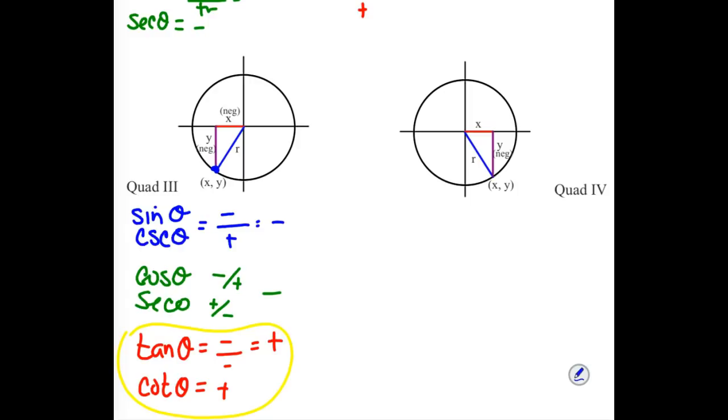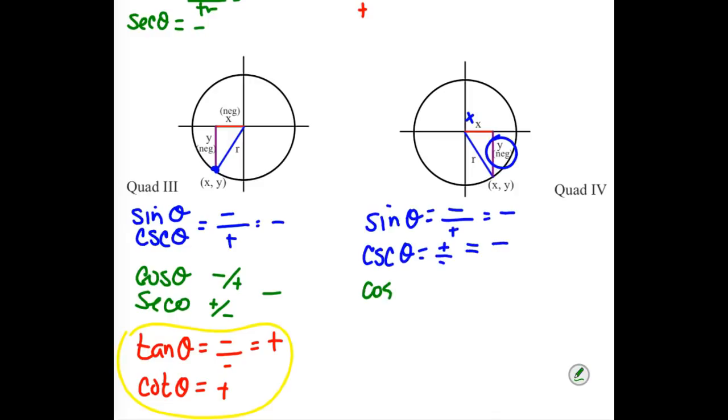And last, in quadrant 4, this time our x value is positive, but our y value is negative. So the things that are dealing with x will be positive. Those dealing with y end up negative. So sine is y, which is a negative value, divided by r. Cosecant would be positive divided by negative, which is still negative. Cosine is going to be x divided by r, so positive divided by positive.